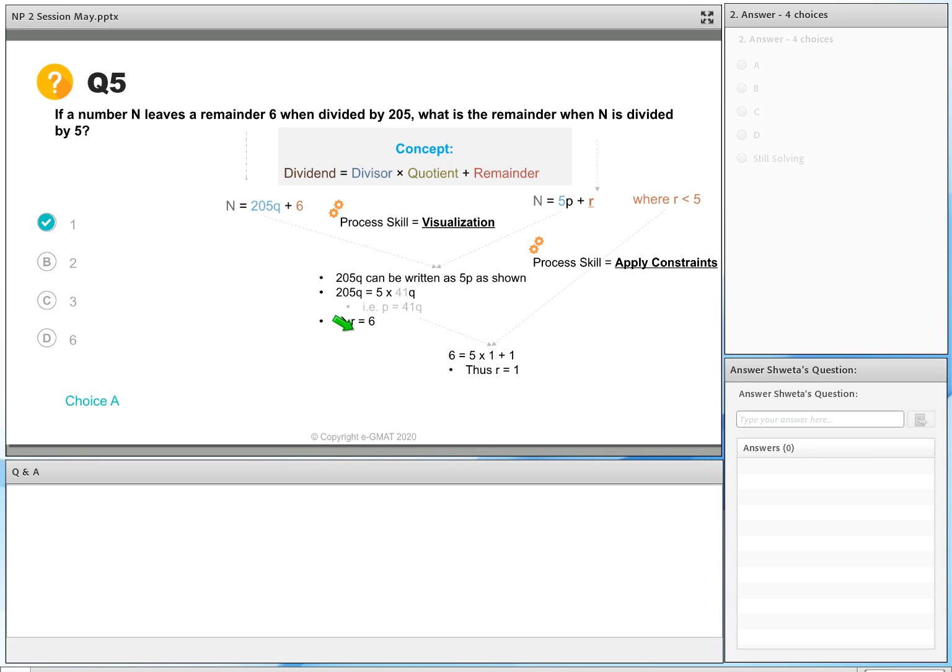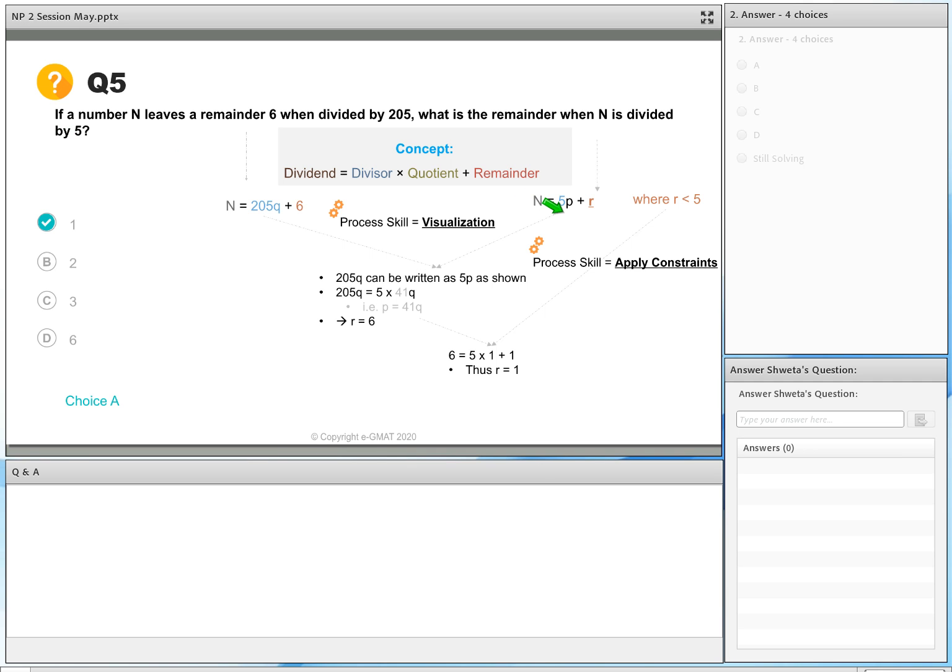But this is where difference came. Some of you, 62% of the group, did not stop here. They did remember the rule that the remainder has to be less than 5. Well, what do you do in such cases when the remainder comes out to be more than what is allowed? In these cases, you will apply the DNR equation one more time on this 6 as your dividend and 5 again as your divisor.